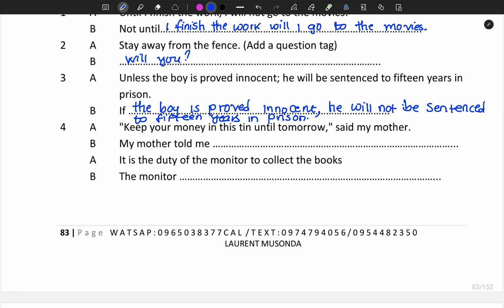My mother told me to keep my money in that tin until the following, or we can say next day.